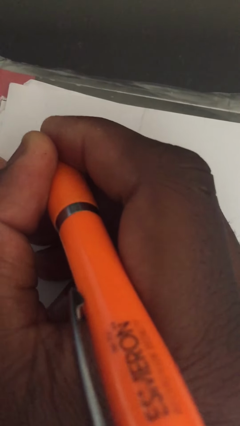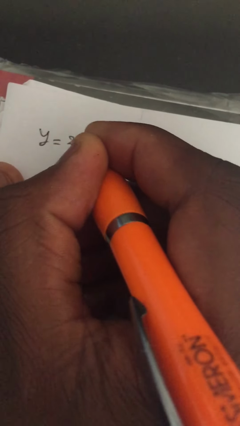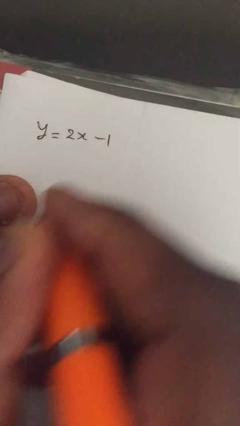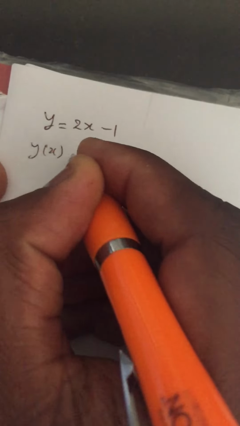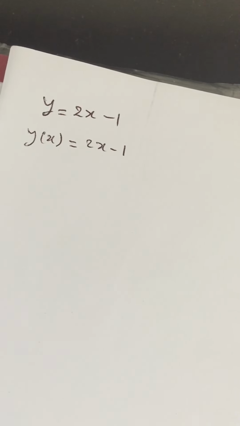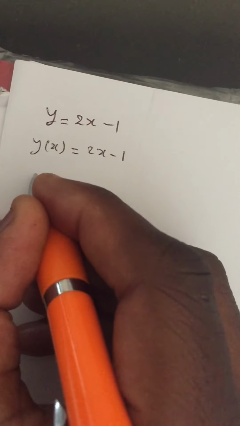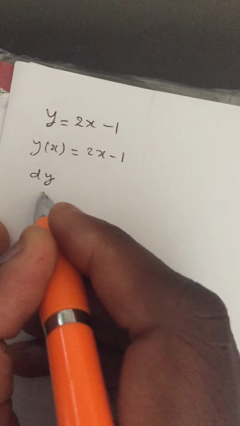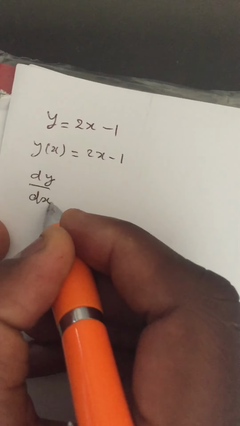I have, for instance, y equal to 2x minus 1. This is my function, y of x, which is 2x minus 1. So if I have to differentiate, you know that the differentiation is dy over dx, right?